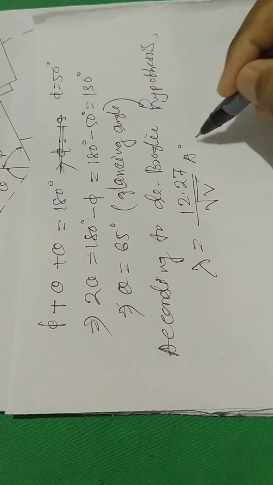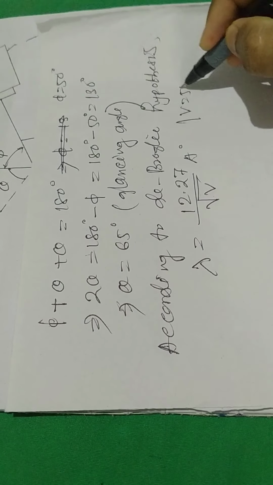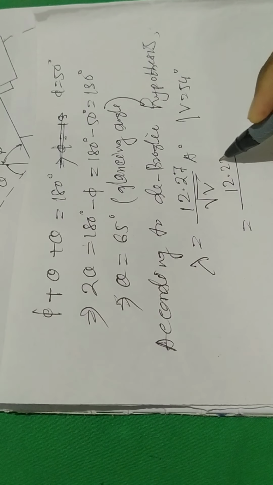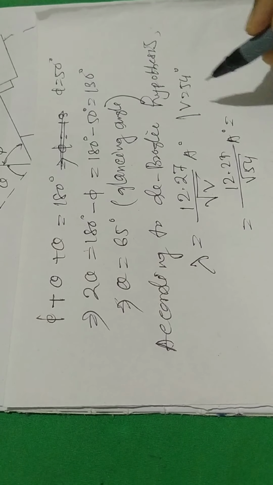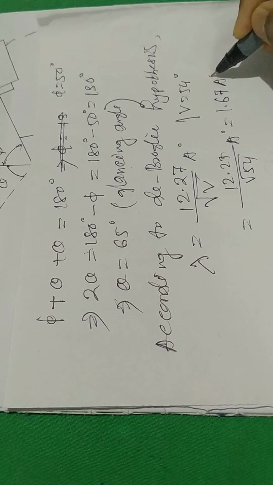So if you put the potential V equal to 54 volts, the result is 1.67 angstrom.